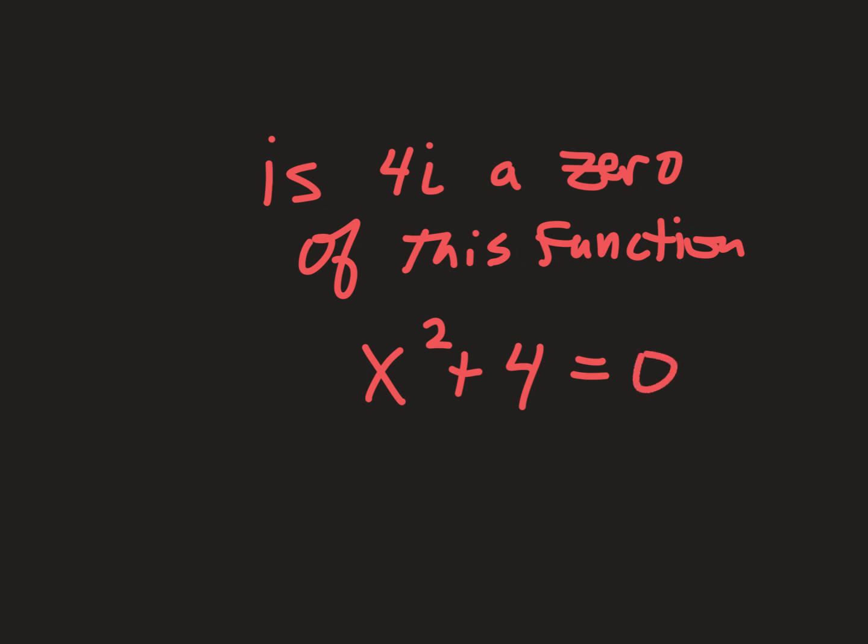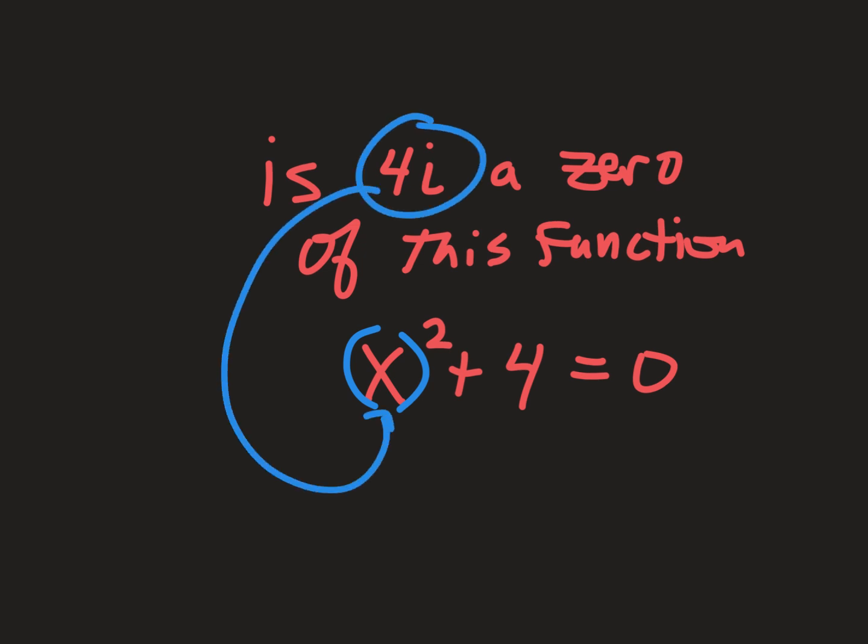So we give you a thing, we ask if it's a 0, and then we give you a function. Now, if it's a 0, you should stick it in here, and if the answer comes out to 0, it was a 0. So all you got to do in this kind is stick this in here and see if it works. See if it really equals 0 like it says it's going to.